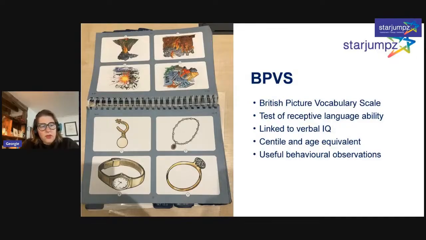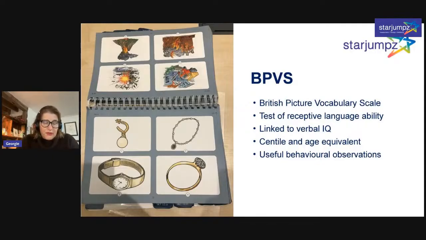There's also a strong link with verbal IQ, so it's not completely robust, but it gives us an idea around cognitive ability. But it also gives us a lot of behavioural observations.